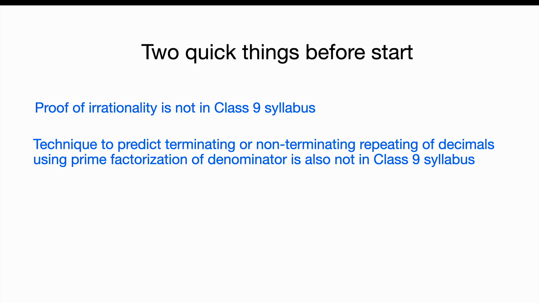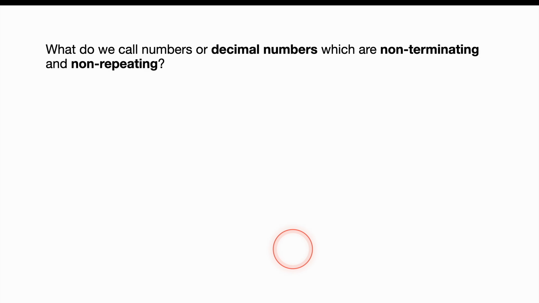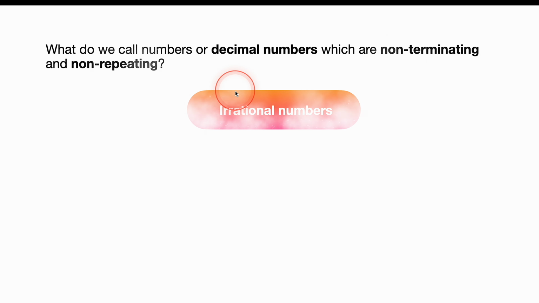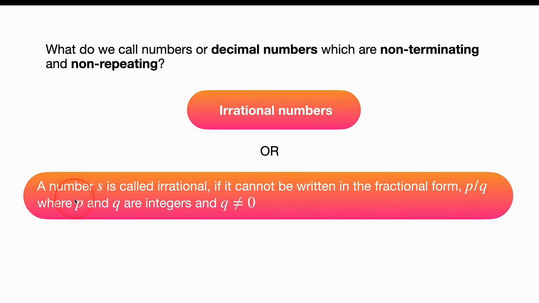We move forward. We continue from where we left last lecture. So now what do we call these decimal numbers which are non-terminating and non-repeating? We call them irrational numbers. We can say that a number s is called irrational if it cannot be written in the fractional form p by q, where p and q are integers and q not equal to 0.